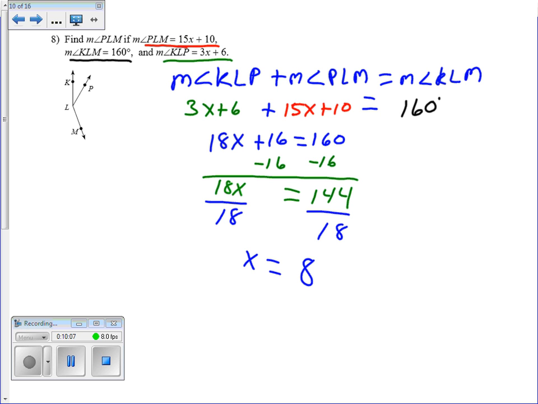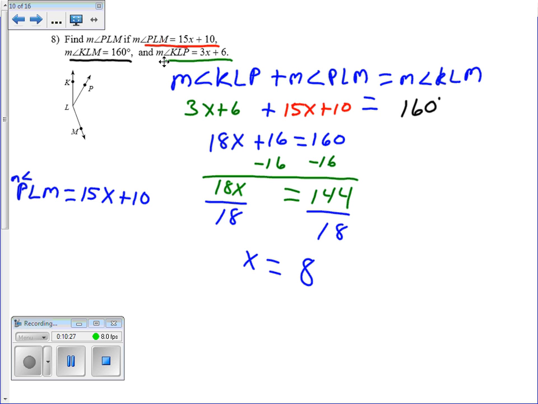Did I answer the question? No. Find PLM. The measure of angle PLM is equal to 15x plus 10.